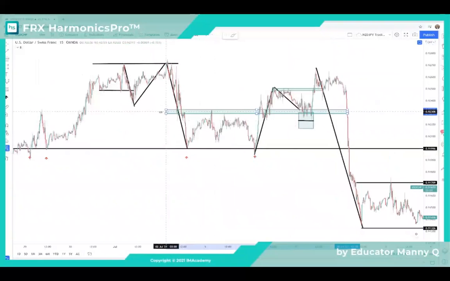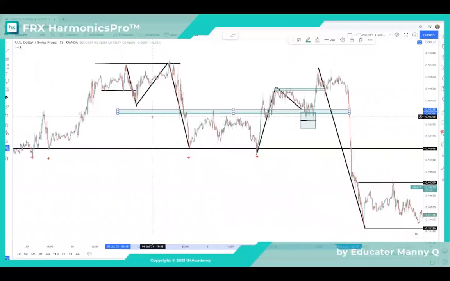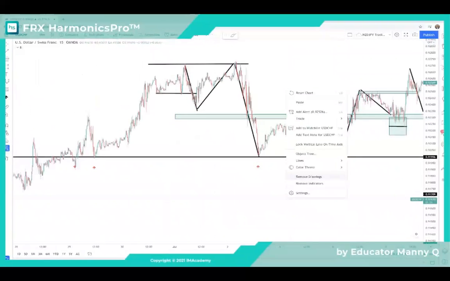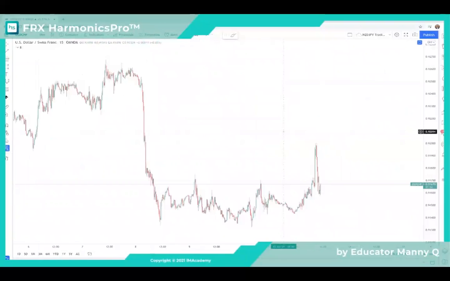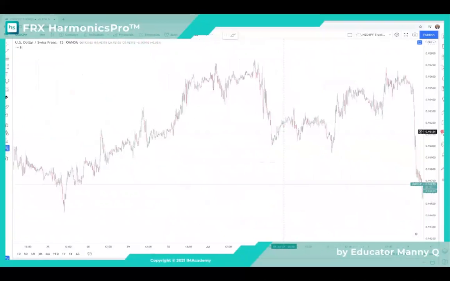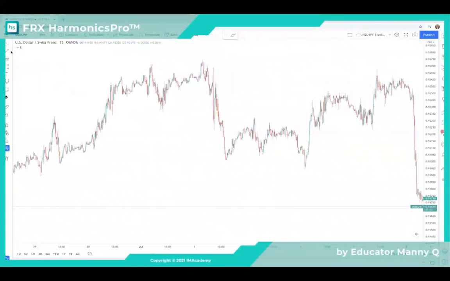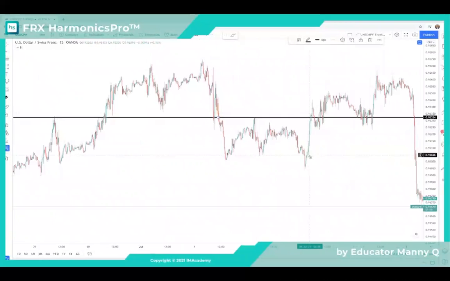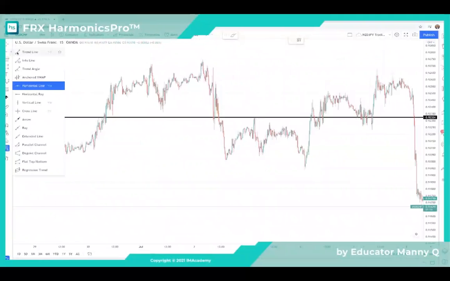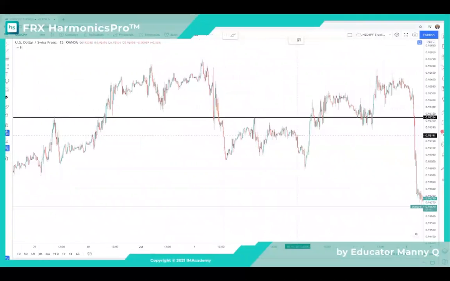If we take a look over here, let's actually remove some of these drawings. If we look at this market, that high in this market, before the market broke and retested the zone, we can see that this was not a standard, not just any old support and resistance zone.